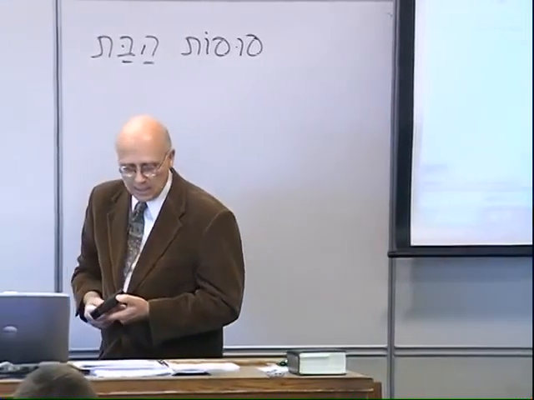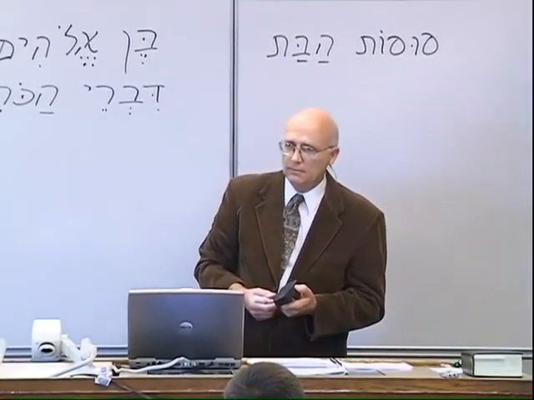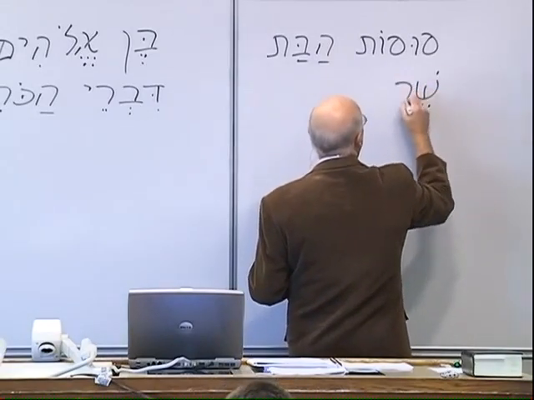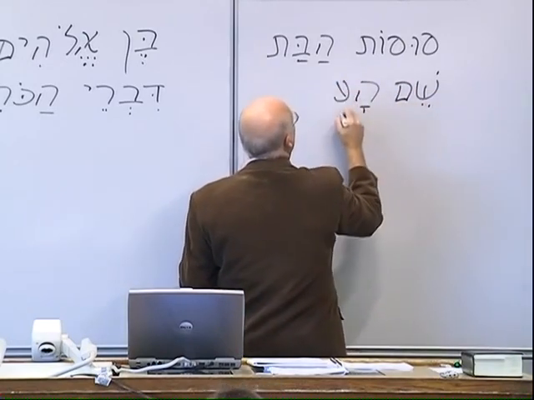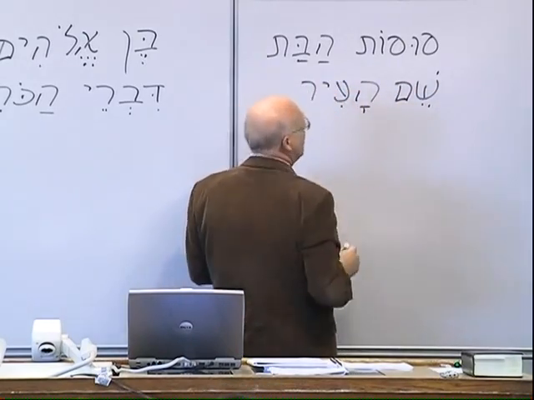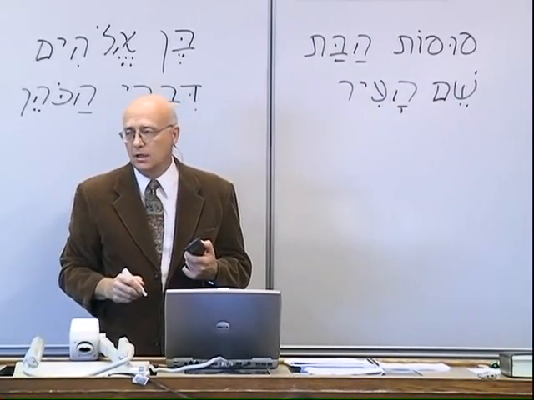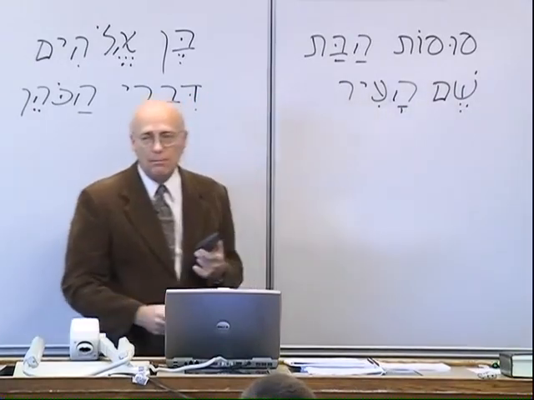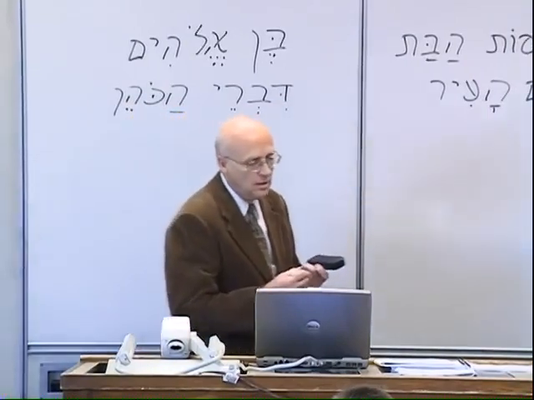All right. The name of the city. Scott? Shem, Ha'ir. All right. Now, is it shem or is it what? Remember, it has to shorten. Shem, just like Bain, Ben. Shem. All right? Shem shortens.